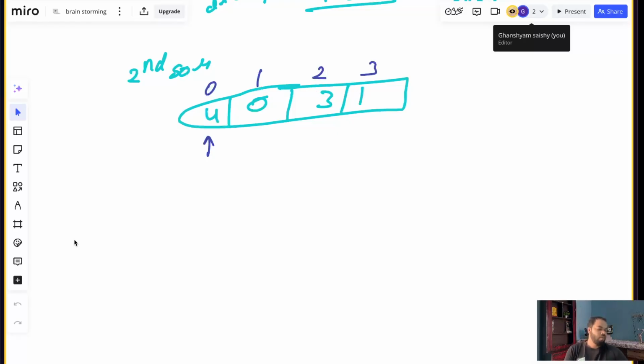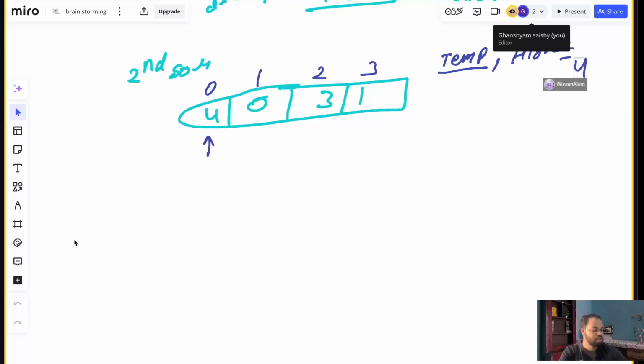So now what I'll do, I will have two variables. One is the temp variable and the other is the highest number. I'll say the length of this is 4. If the number matches the length, then I'll put it here.